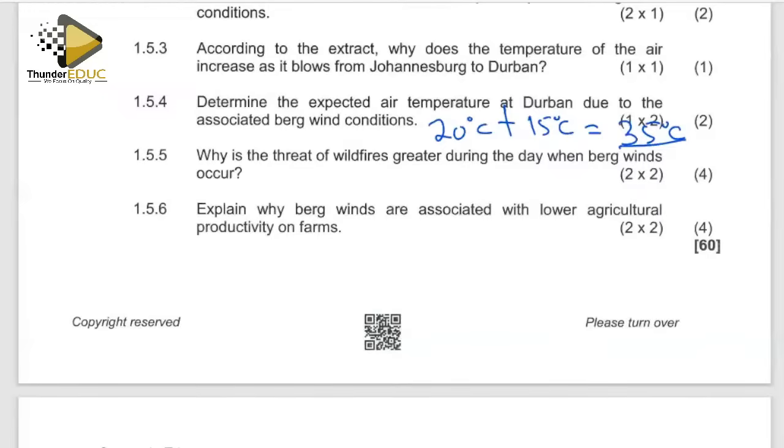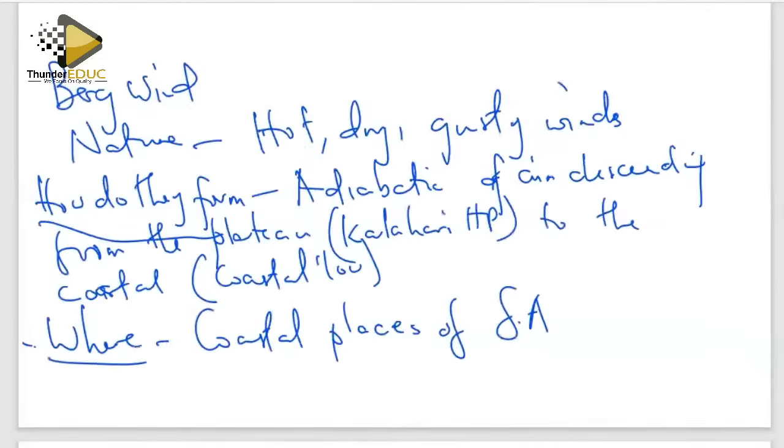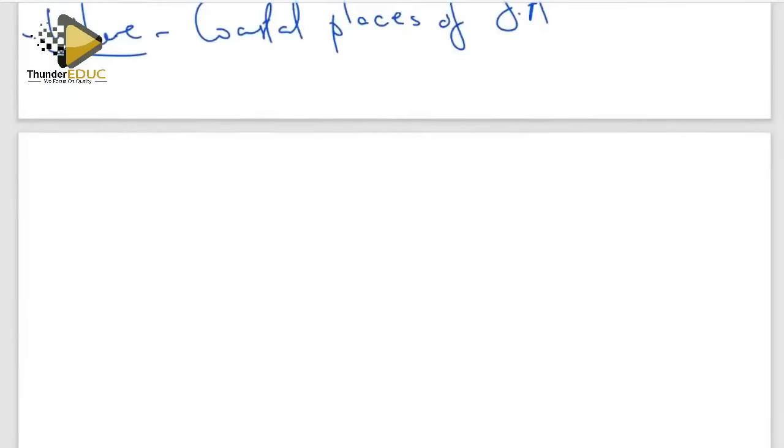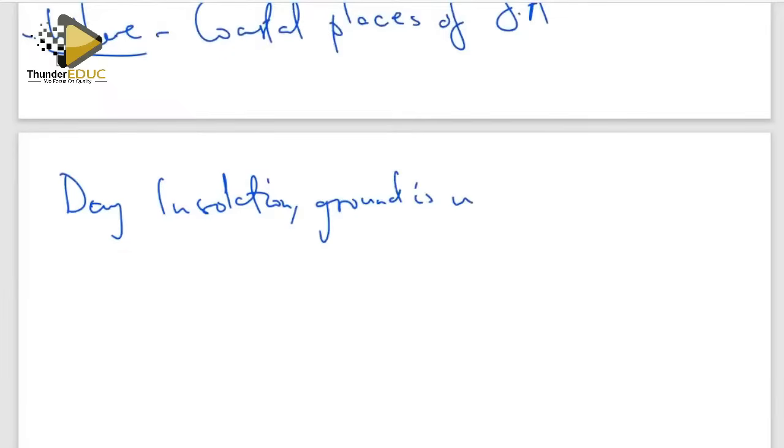During the day, we expect that there's insolation and the ground is warm.